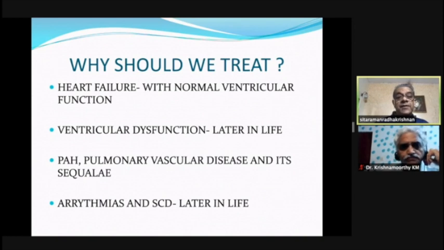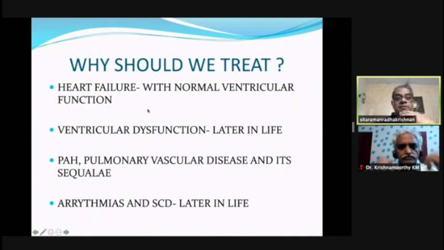And there is compelling evidence to treat them because, especially with the larger defect, I'm not talking about the smaller size defects. The larger size defects, the first thing that happens to them is heart failure. And remarkably, this is not the typical heart failure that you see in adult practice.